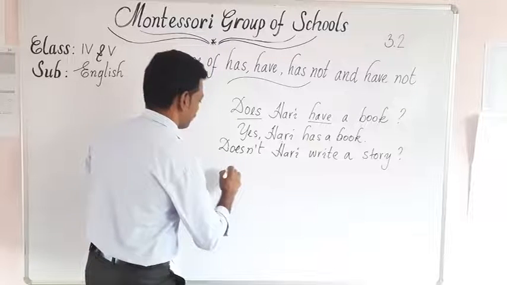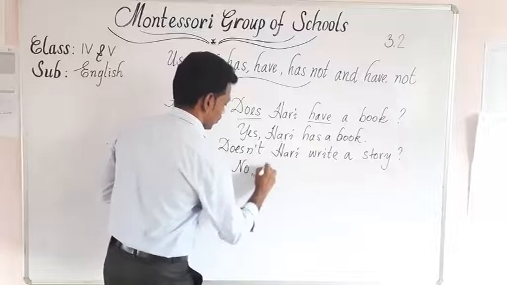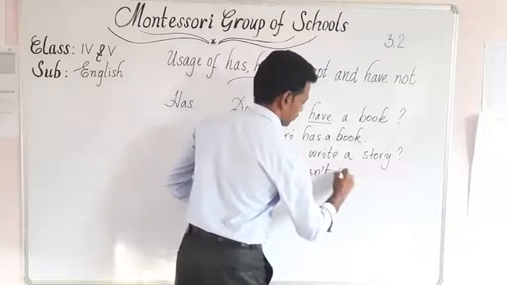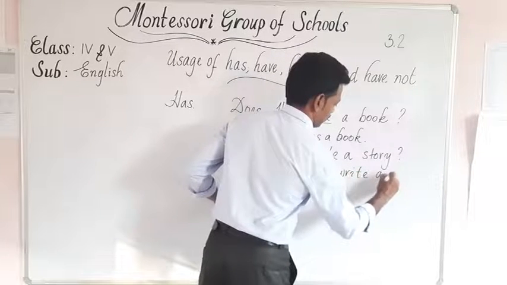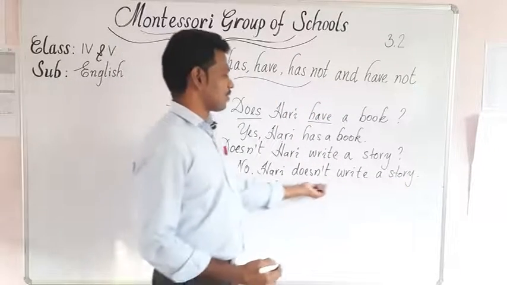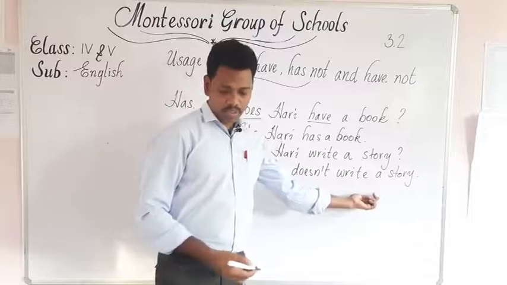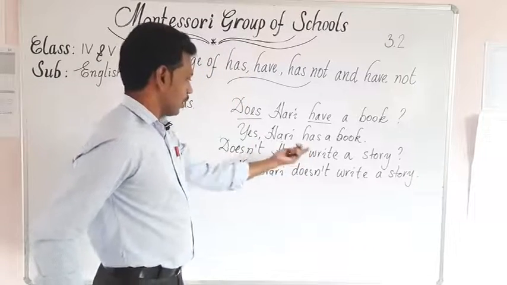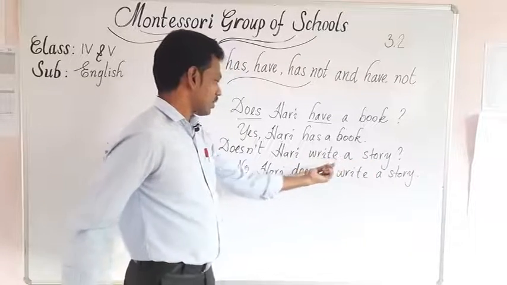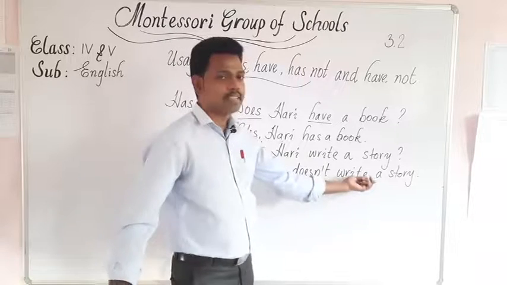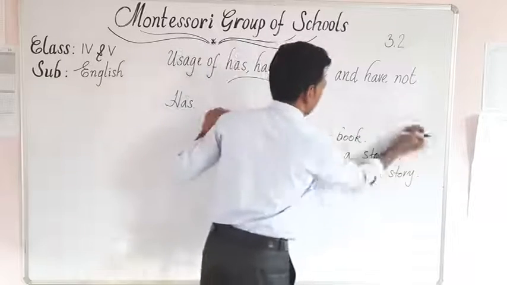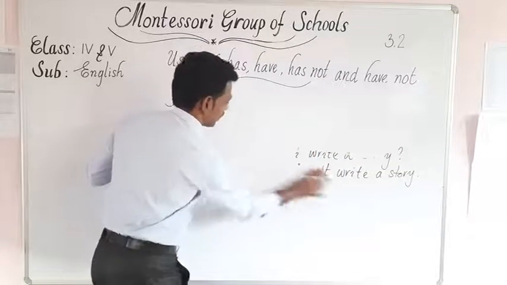Okay, so the answer can be no, Hari doesn't write a story. So here we have the negative interrogative. Doesn't Hari write a story? Does plus write. Okay. No, Hari doesn't write a story. Now I will get into more examples of interrogative sentence.